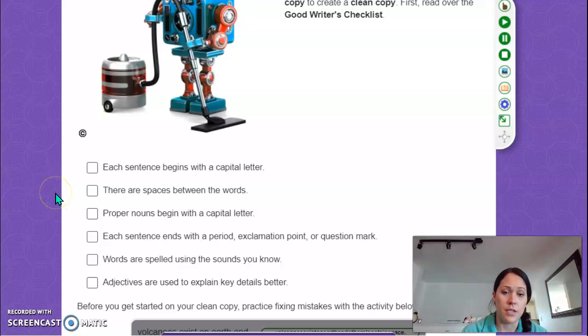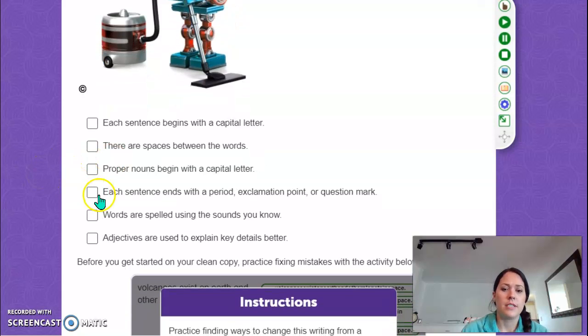The next thing you need to do is check, are there spaces between my words? Finger spaces are so important. Are proper nouns starting with a capital letter? And we just learned about proper nouns again today. So check that to make sure they start with capital letters. Does each sentence end with a period, exclamation point, or a question mark?